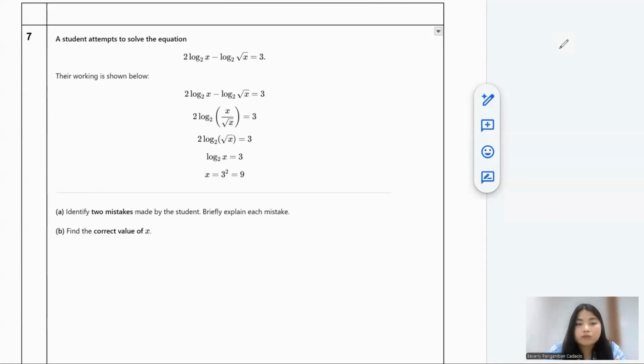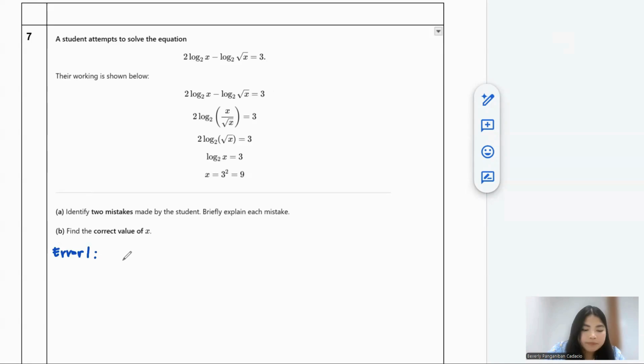identify the 2 mistakes made by the students. So if I were you, you can also do it on your own first, then you just compare which one is wrong in the solutions. But actually, right away, you can see that the student didn't follow the law of logarithms.